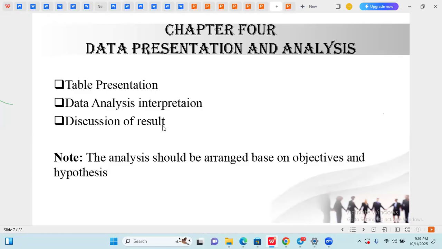Not just that, you must select the questions in your questionnaire from literature if you want to enjoy doing discussion of results. So don't just sit down and start selecting questions for your questionnaire. You are going to have a problem on that discussion of results, and this discussion of results is as important as the analysis.